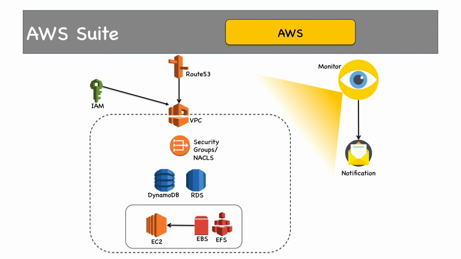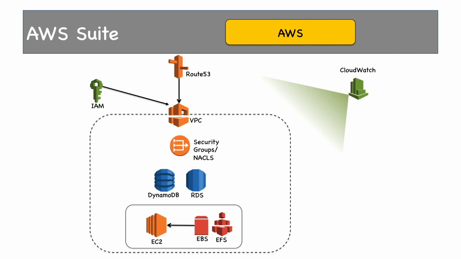You are using EC2, you are using EBS, you are using AWS's database services, etc. Then to monitor all these things, you get something called CloudWatch, which monitors A to Z of AWS services. And as I said earlier also during the topics, you have integration with SNS. If something goes wrong, you can send a notification. Alright, so this is how you map components of your corporate data center to AWS services.